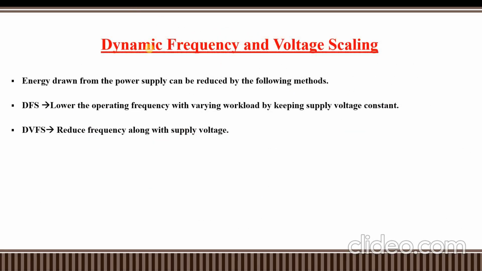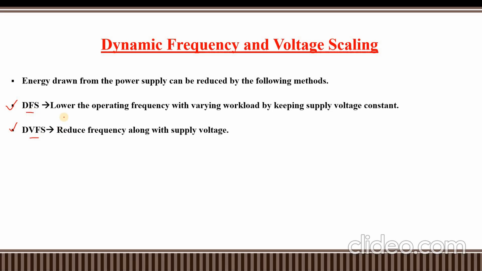Okay, and the third technique is dynamic frequency and voltage scaling. Energy drawn from the power supply can be reduced by the following methods. First one is dynamic frequency scaling, and the second one is dynamic voltage along with frequency scaling.